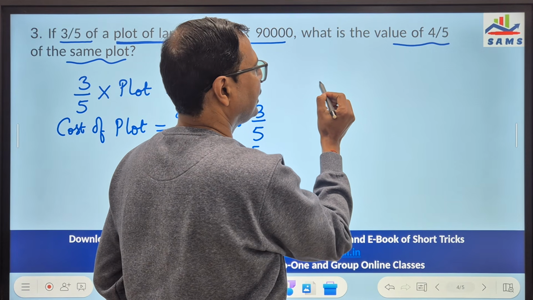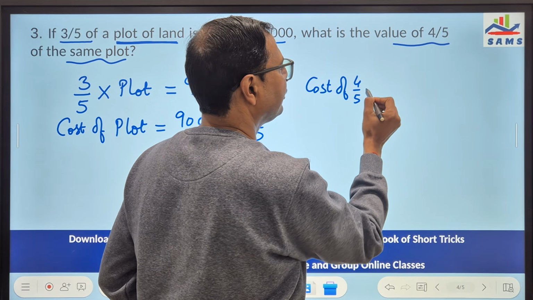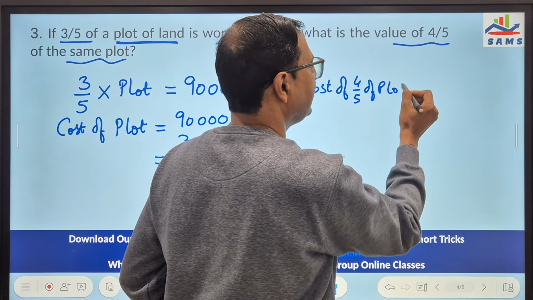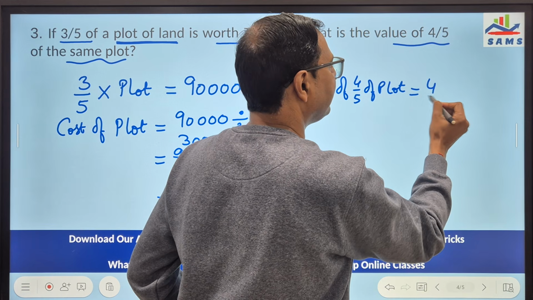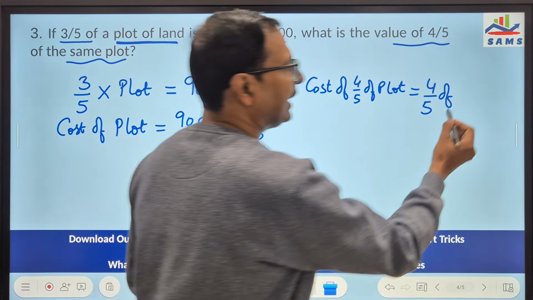Now coming to what is the value of 4/5 of the plot. So cost of 4/5 of the plot will be 4/5 of the total cost. Total cost is 1,50,000.